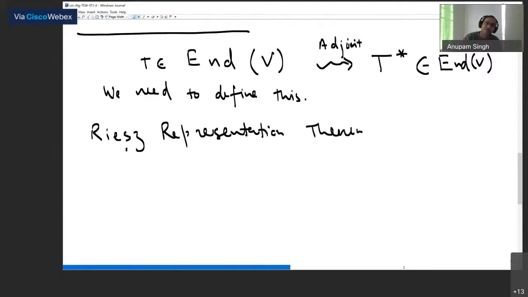Many of the things we are trying to study in this section, in functional analysis you will see can be done for infinite dimensional situations, Hilbert spaces and so on.